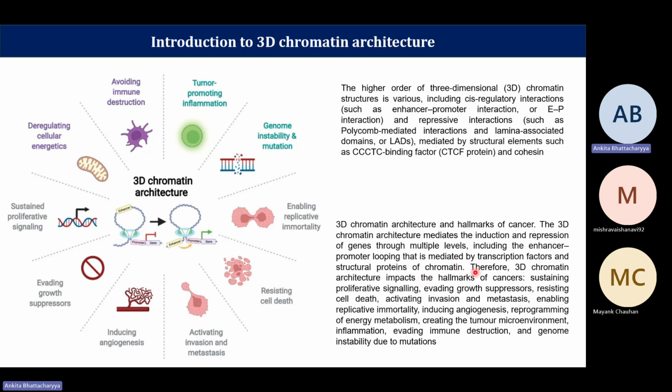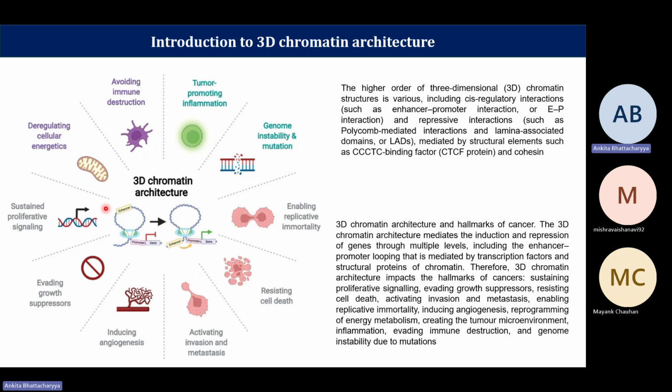So they impact all of the cancer hallmarks, which include sustained proliferative signaling, evasion of growth suppressors, resisting cell death, etc. You can find all of this information online or in my previous course that I taught last semester. You can read about the hallmarks of cancer there as well.